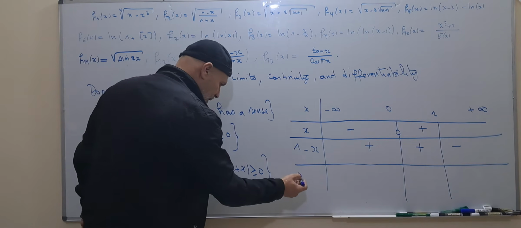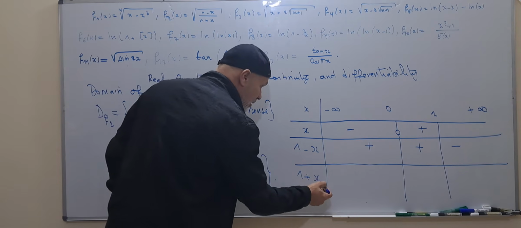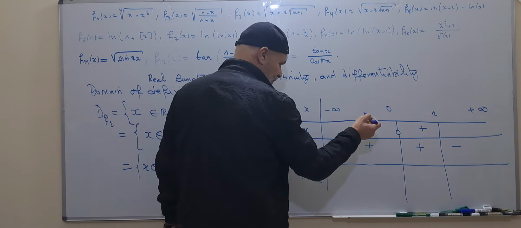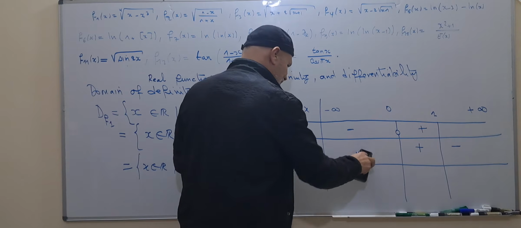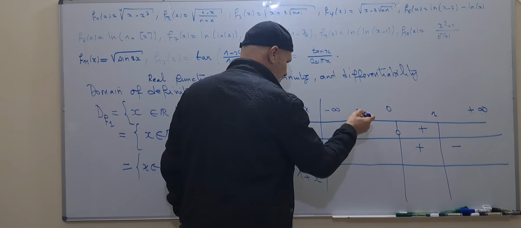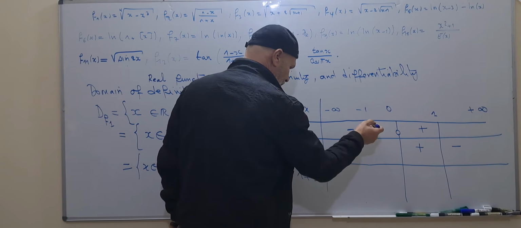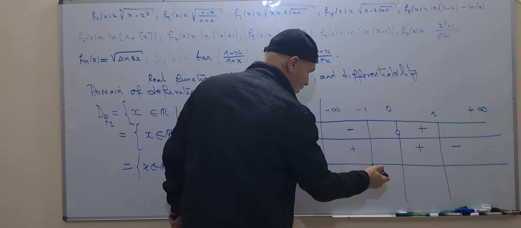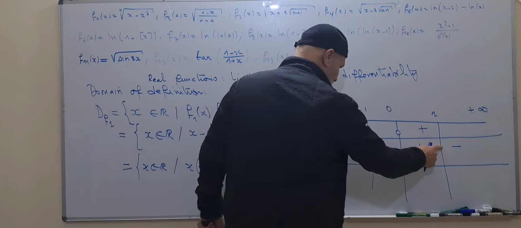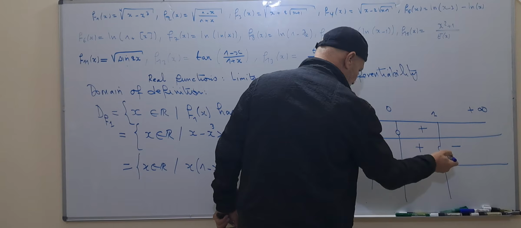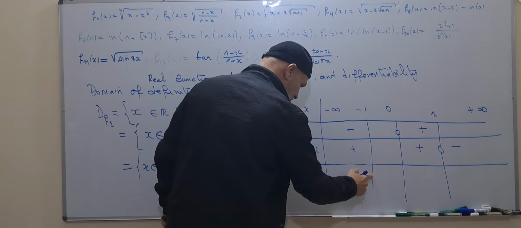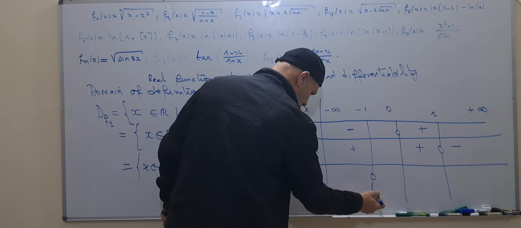And last we have 1 plus x, so we deal with minus 1, and for minus 1 here we have 0.